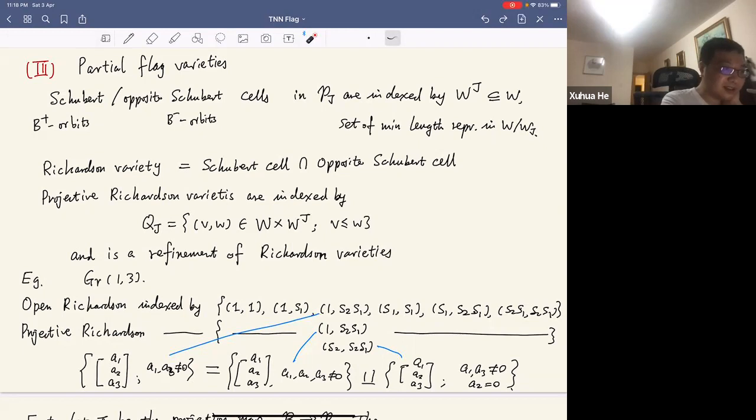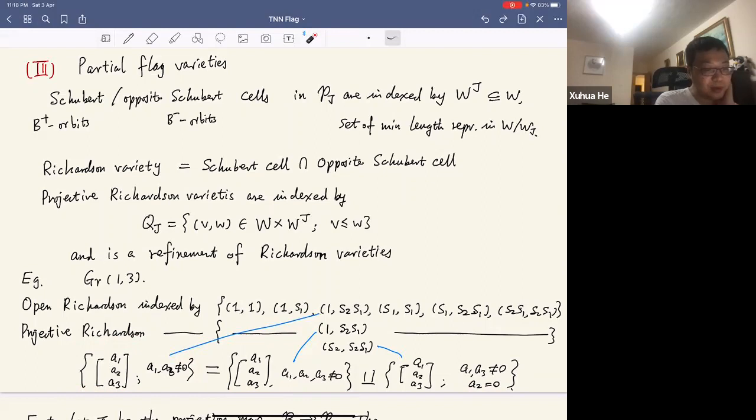In this case, if they're all positive, then this gives you a two-dimensional cell. And here we have A2 to be zero, and A1, A3 to be positive. This gives you a one-dimensional cell. However, if you only impose the condition that A1, A3 are positive, and we don't do anything for A2, then the totally non-negative part of this is not a cell.